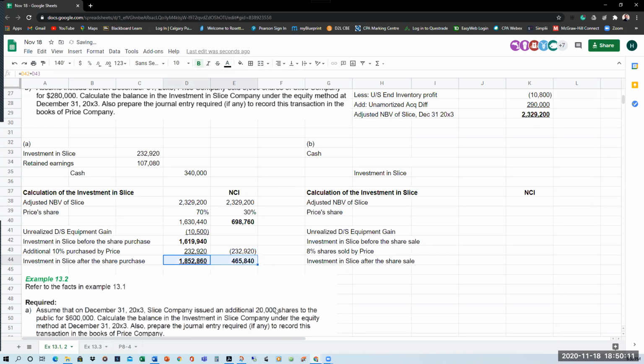And if you add these two up, you get the same total as before, 2,318,700. Okay, so as I was saying, as the parent's ownership goes up, non-controlling interest ownership will fall. Okay, makes sense? Or any queries?